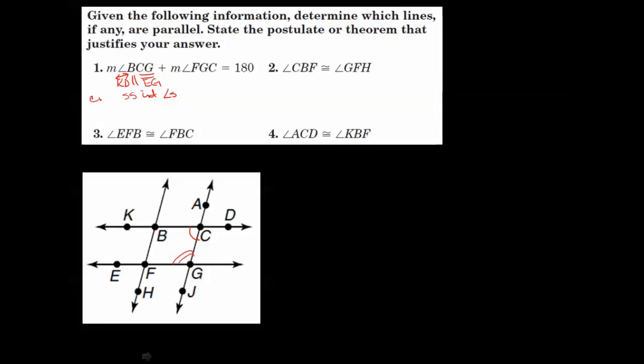Oh, and that's the converse. I'm not going to have enough room to write that out. I'll just keep it going down there. Converse of the same side interior angles theorem.